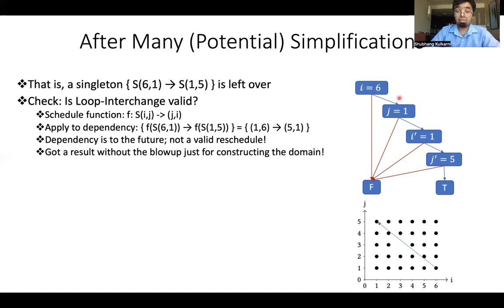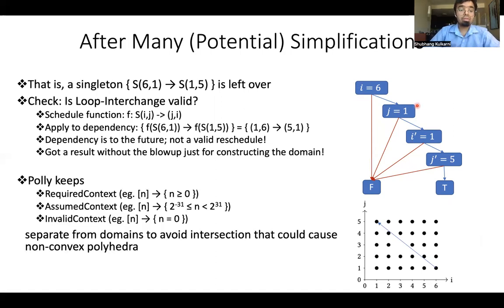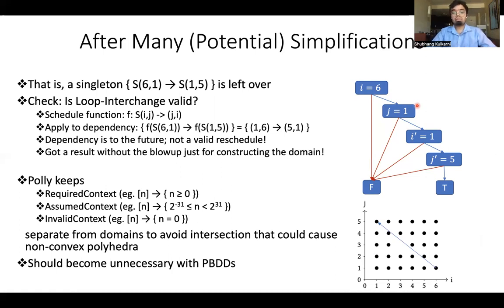We can get it from this simple PBDD that we get from simplification operations. And Poly keeps several other contexts separate from domains to avoid intersection that could cause a non-convex polyhedra, but all of this should become completely unnecessary with PBDDs.